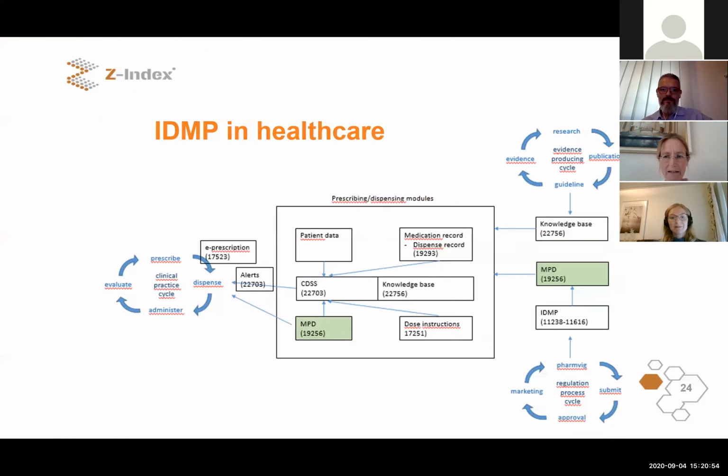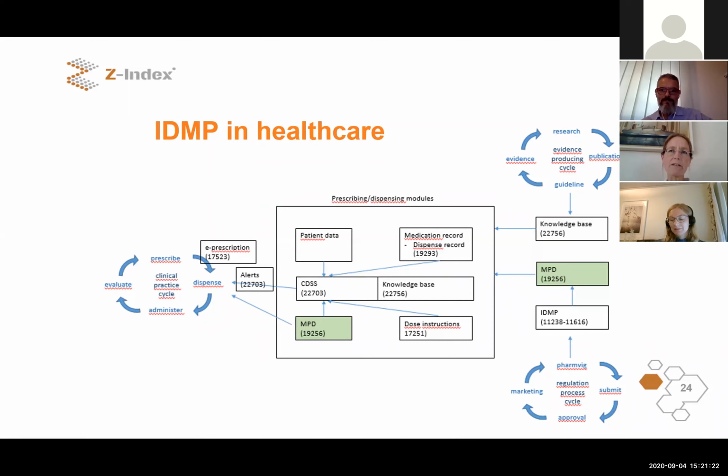So as Malin said, the PhPID and IDMP, also the other parts of IDMP, are very useful for pharmacovigilance. And it was actually also the scope of developing the IDMP standards that they should support the pharmacovigilance use case. But pharmacovigilance has its roots in healthcare.